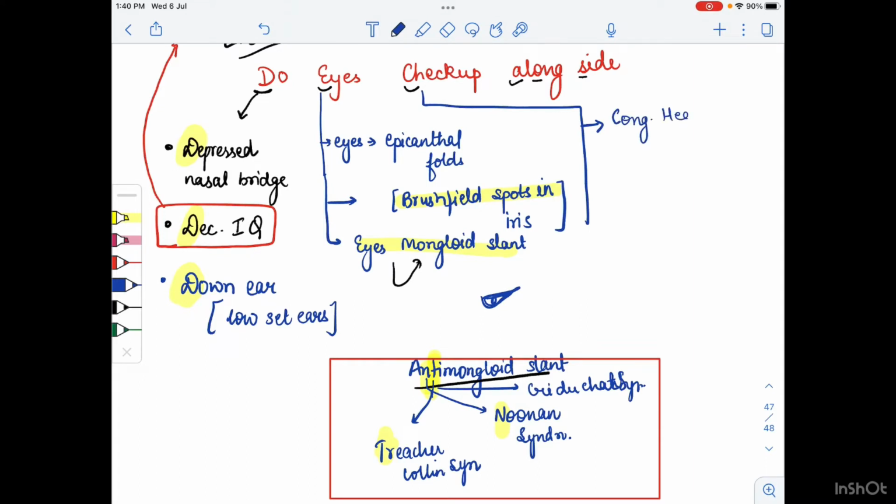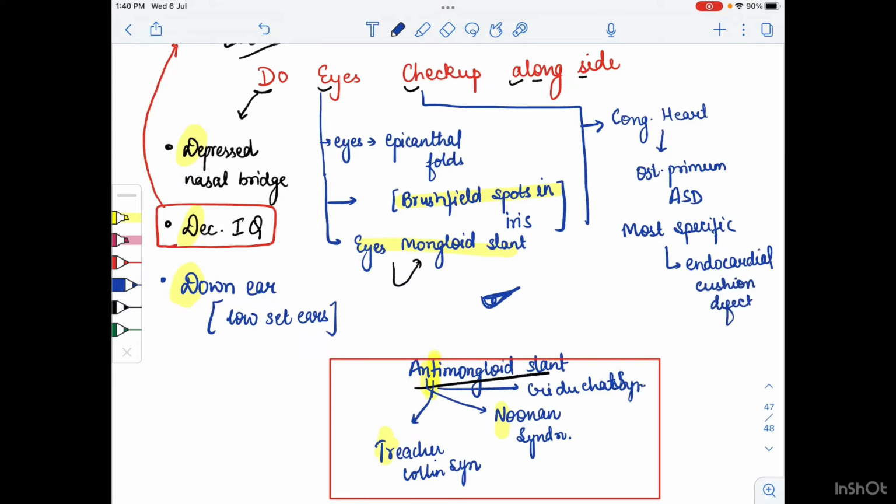So which is the most common congenital heart defect? Most common congenital heart defect is ostium primum atrial septal defect, and the most specific is the endocardial cushion defect.